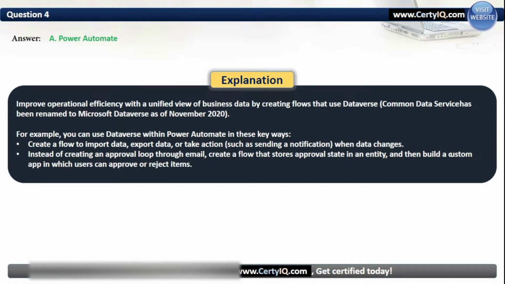For example, you can use Dataverse within Power Automate in these key ways. Create a flow to import data, export data, or take action when data changes. Instead of creating an approval loop through email, create a flow that stores approval state in an entity and then build a custom app in which users can approve or reject items.